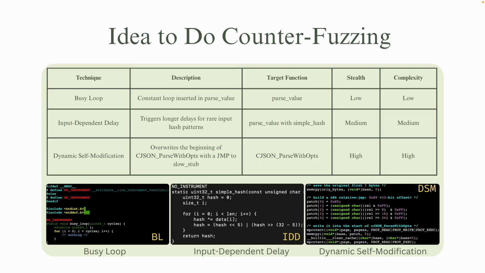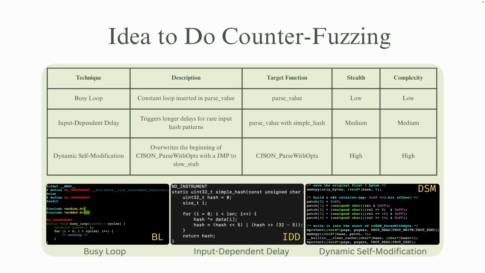The last one is dynamic self-modification. DSM involves modifying the binary code at runtime to insert delays or other countermeasures dynamically. We modify the function pointer to jump to a slow, time-consuming function like slow stub. This slow function introduces a delay in the code's execution.